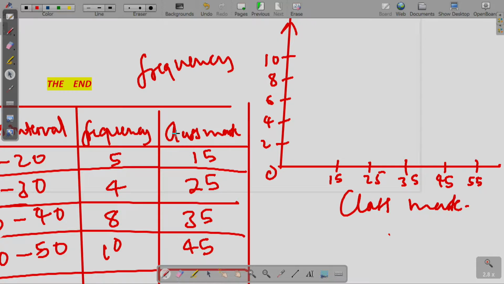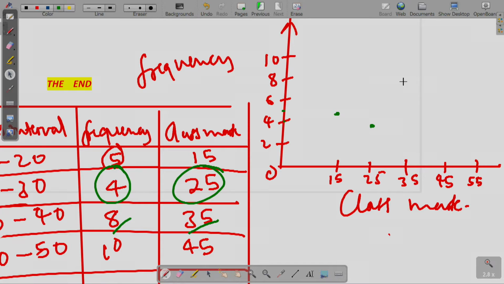For the first case, when frequency is 5, the class mark is 15. So if this is 5, let's put dots. And also when frequency is 4, class mark is 25. And also 8 and 35.